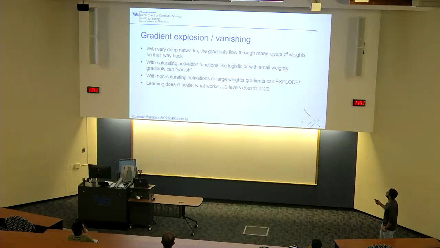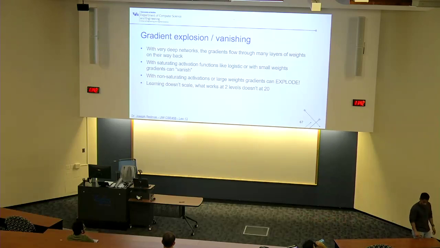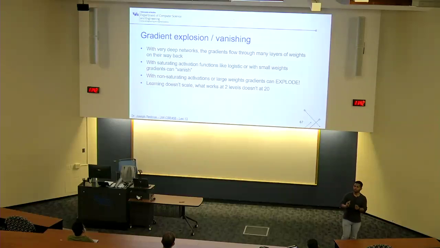Gradients flow through many layers of weights on their way back. When you use activation functions like the logistic, or when you have small gradients, they may disappear. When you have non-saturating activations or large weights, gradients can explode. So you end up with really big error values that get propagated backwards, and then your weights start getting updated all over the place, and your model just doesn't do anything, because if the gradients are too small or too large, you can't really decide what direction to change your weights in.